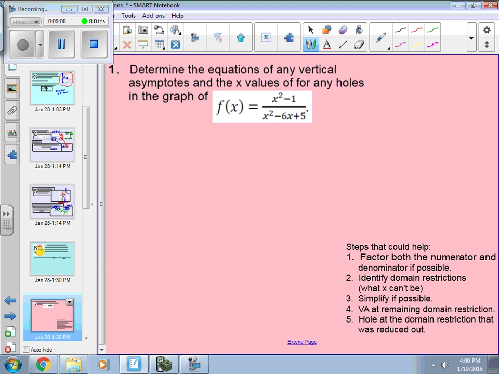All right, so now number 1, we want to determine the equations of any vertical asymptotes and any holes for this function. So the steps, first thing we're going to do is factor. What does this look like if we factored it out? So it looks like both top and bottom factor on this one. This top is a difference of squares. That'd be x plus 1 times x minus 1. The denominator is the quadratic, and it factors to 2 binomials.